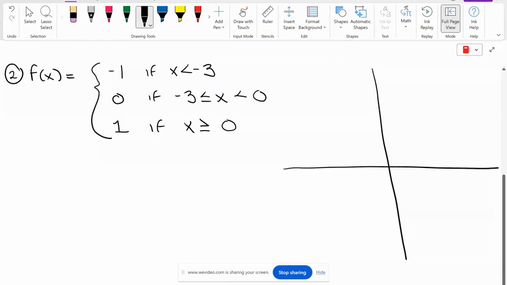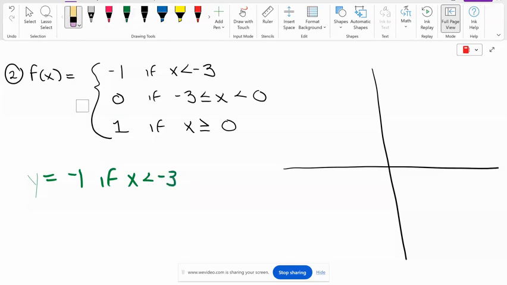All right, let's see what's going on here. So I'm going to have y is equal to -1 if x is less than -3. All right, so y equals -1 is a horizontal line, but this time, where are we starting?